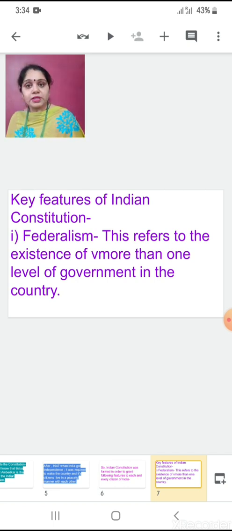First, what is democracy? Before rushing to the key features of the Indian Constitution, democracy. Children, when India got independence in 1947, the Indian Constitution was a far-off world yet to be explored.